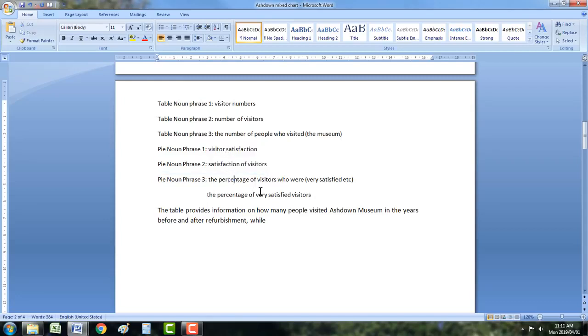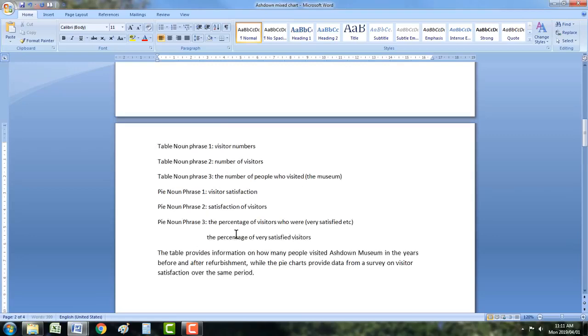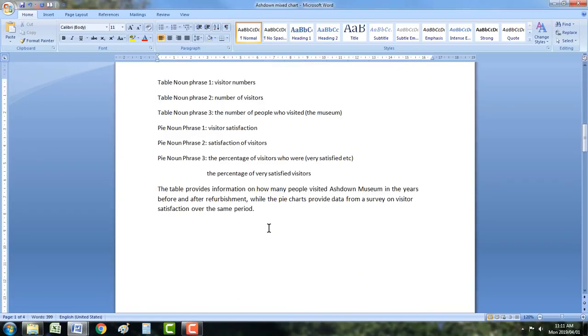So I would go something like this. Well, the pie charts provide data from a survey on visitor satisfaction. So I've just taken noun phrase 1. Survey, maybe you can say questionnaire, but survey is fine. Don't have to paraphrase everything.